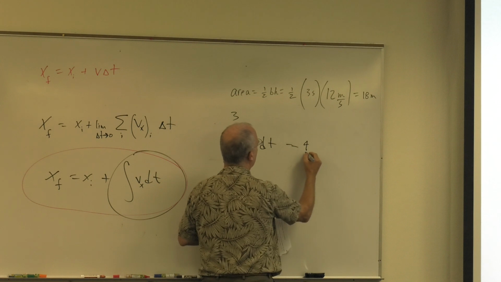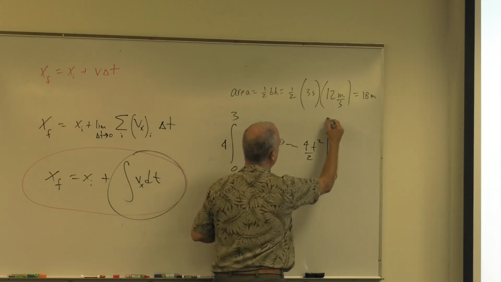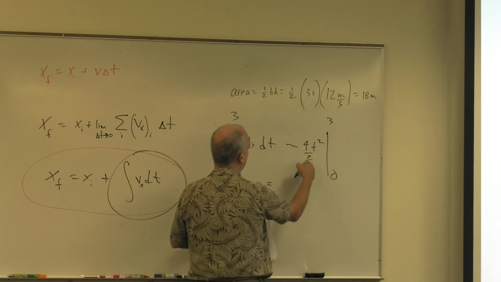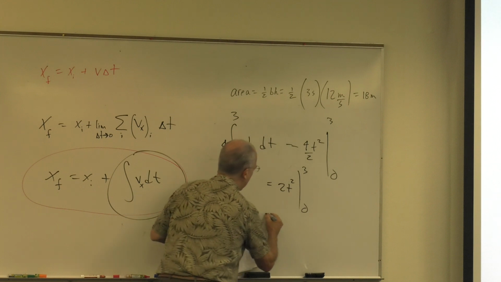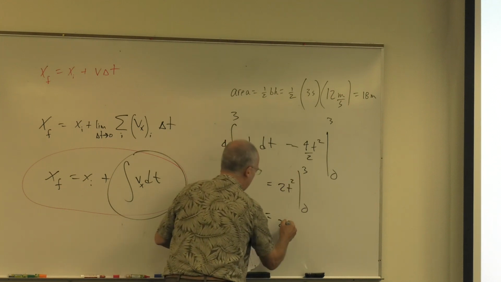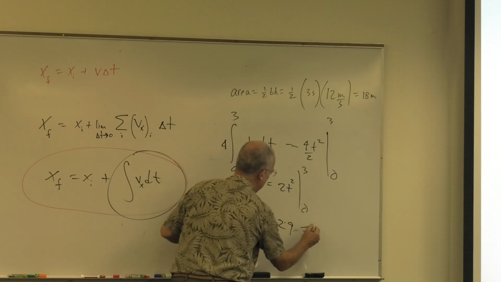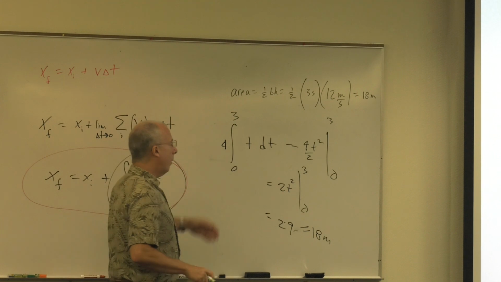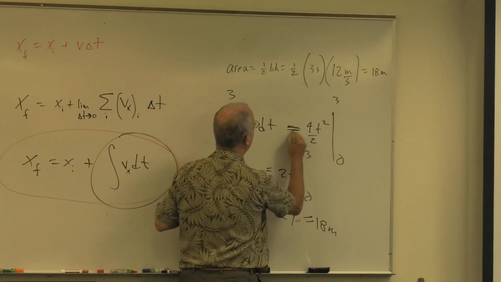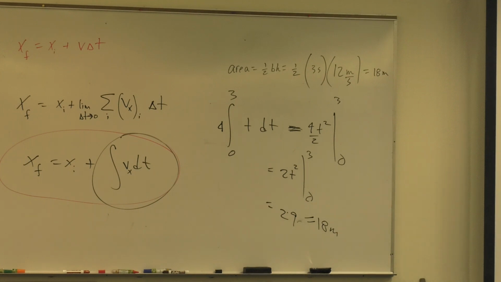So you get 4 over 2 t squared, from 0 to 3. 4 over 2 is 2, so it's 2t squared from 0 to 3. That's 2 times 9 minus 0, so it's still 18 meters. So there you go, you can do it either way: either just calculate the area or just do the integral.